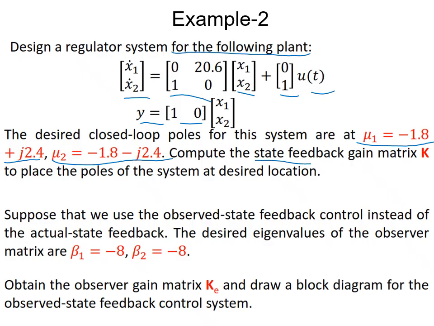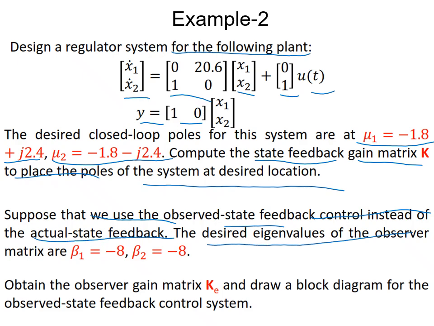We need to compute the state feedback gain matrix K to place the poles of the system at the desired locations. Suppose we use the observer state feedback control instead of the actual state feedback. The desired eigenvalues of the observer are beta 1 equals negative 8 and beta 2 equals negative 8. Obtain the observer gain matrix Ke and draw the block diagram of the observer feedback control system.